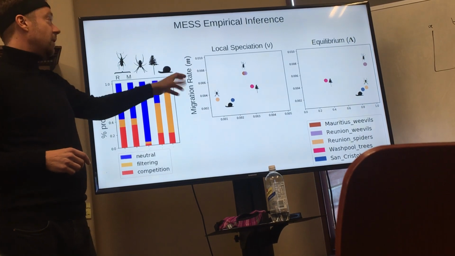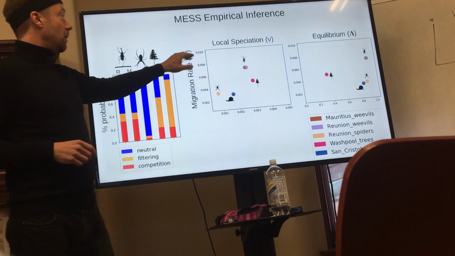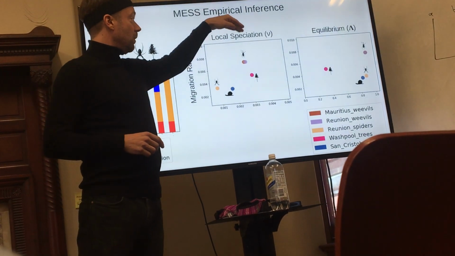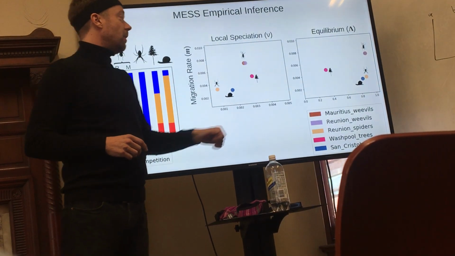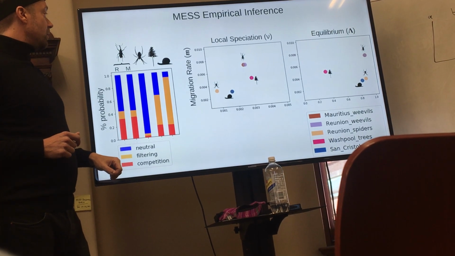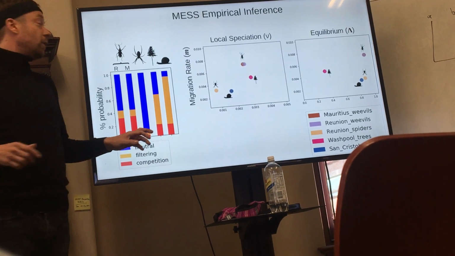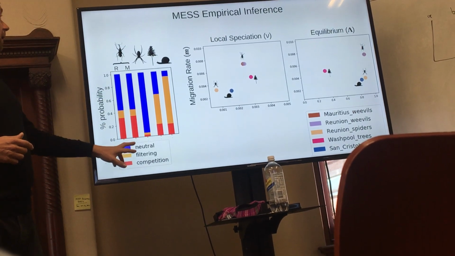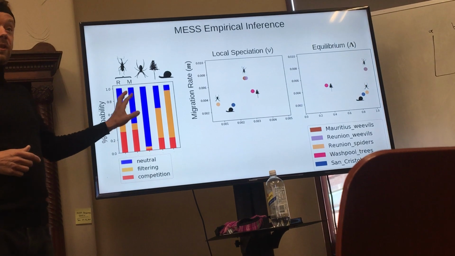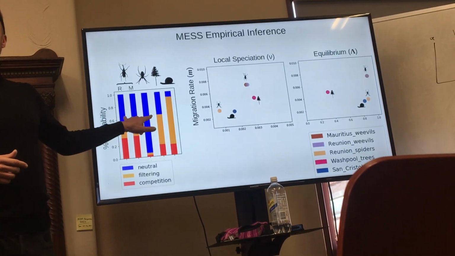So this is the migration rate on one axis, and then the local speciation rate and equilibrium on another axis. And really I think one of the most interesting things to take away from this is you see that there are different things going on in different communities on the same island.